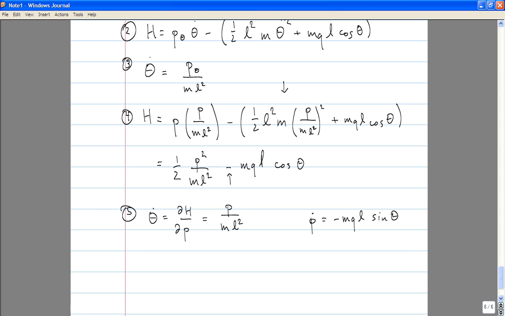So if you wanted to, you could then go ahead and check that this is completely equivalent to the Euler-Lagrange equation that comes from the Lagrangian. So let's do that. So let's take the time derivative of this equation. So theta double dot is 1 over mL squared p dot, which, if we plug in that expression for p dot, is minus g over L sine theta, which is exactly the Euler-Lagrange equation for the pendulum.